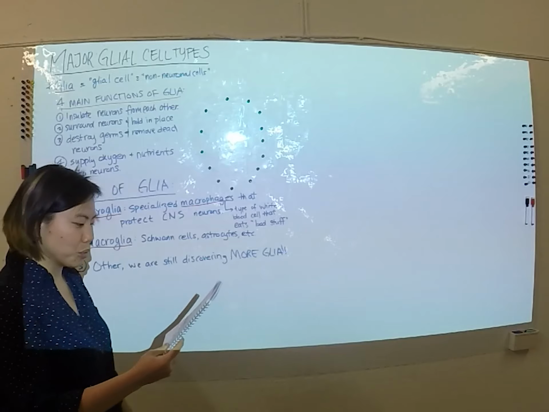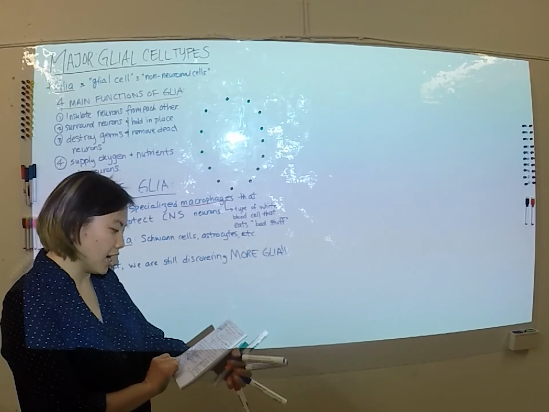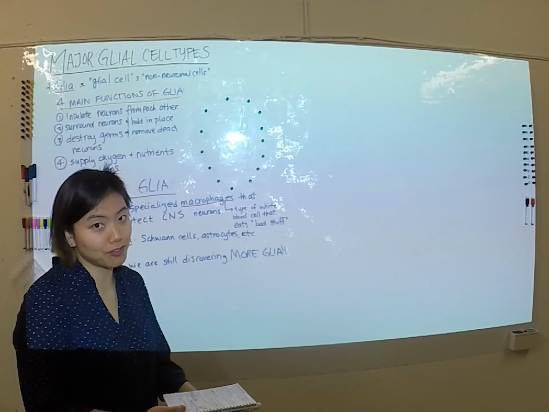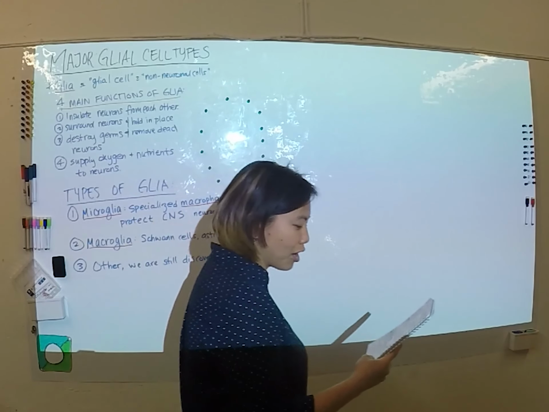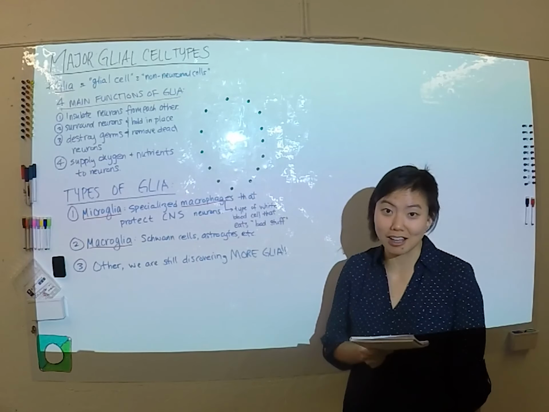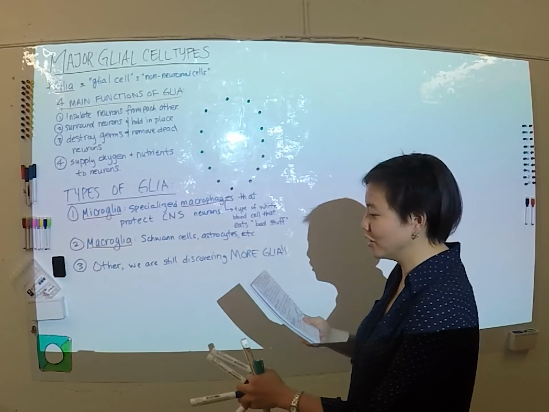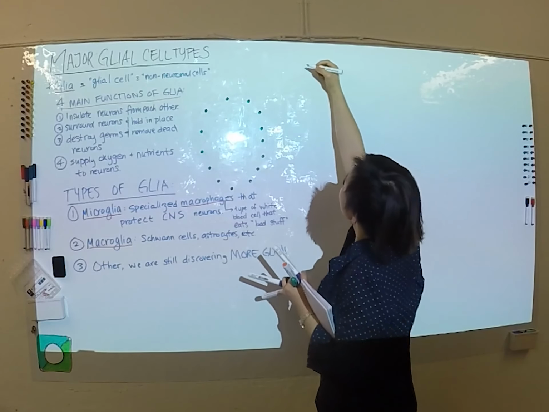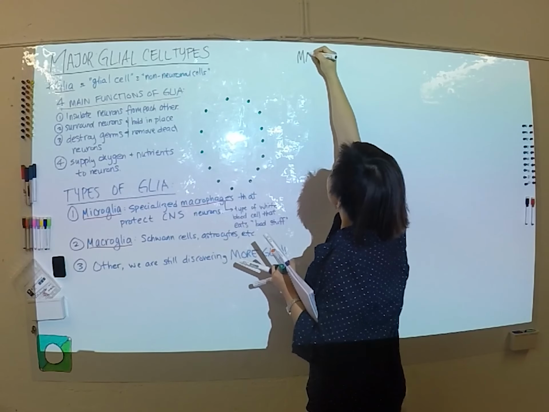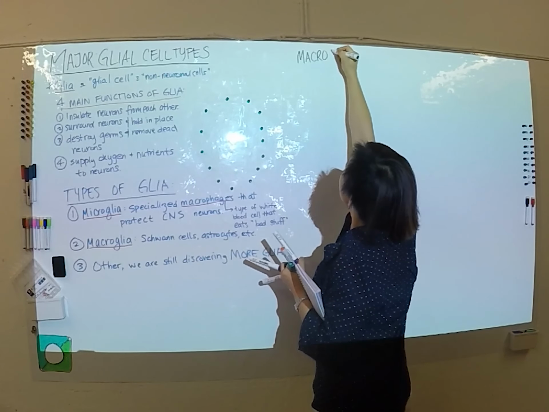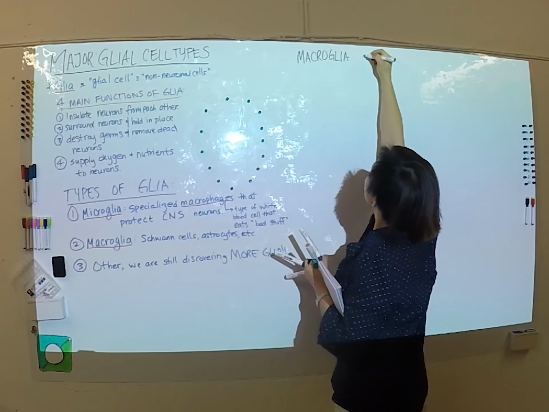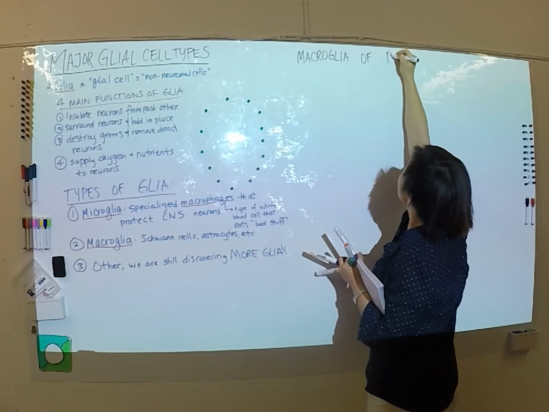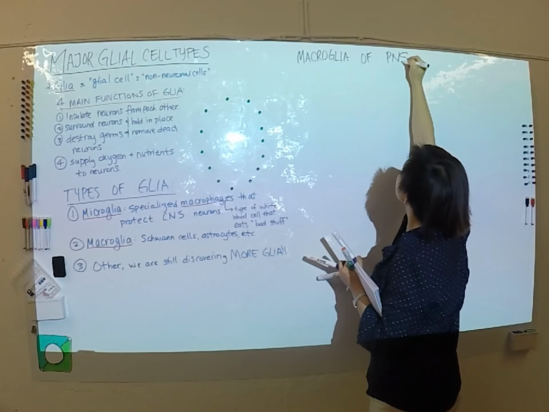All right. So let's start with the macroglia of the peripheral nervous system. We're going to start there because we already talked about Schwann cells, so we're going to start with something familiar. So here we go. Macroglia of the peripheral nervous system.